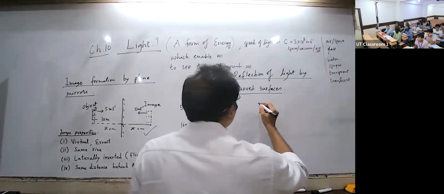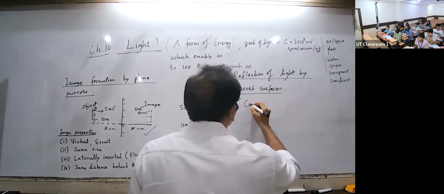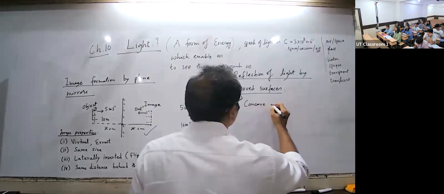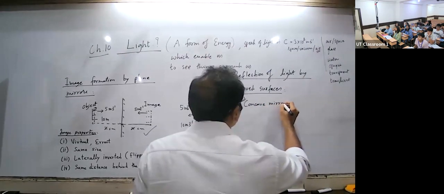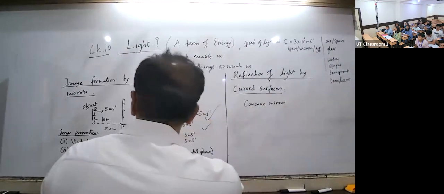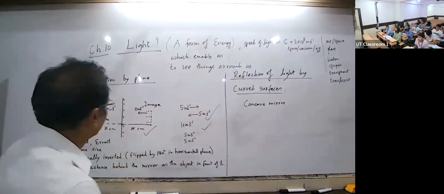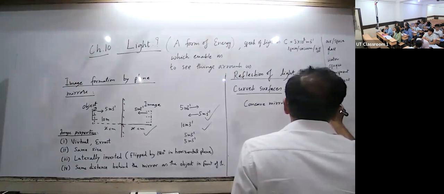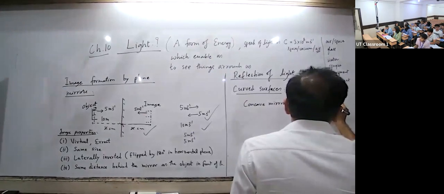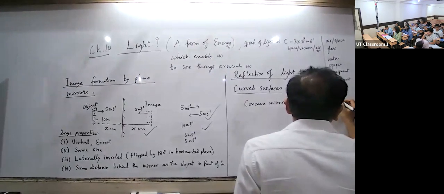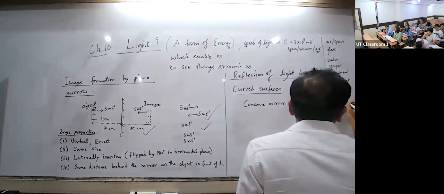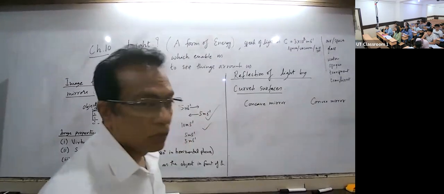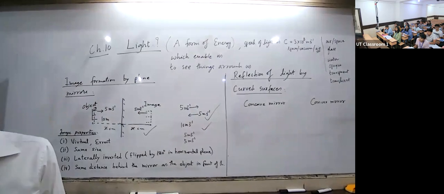So curved surfaces are of two types. Concave mirror and convex mirror. First we studied the plane mirror, now we have the concave mirror and the convex mirror. So what is a concave mirror?